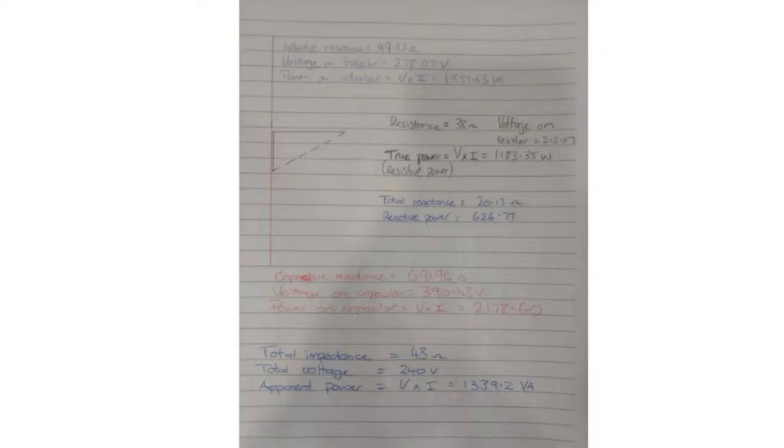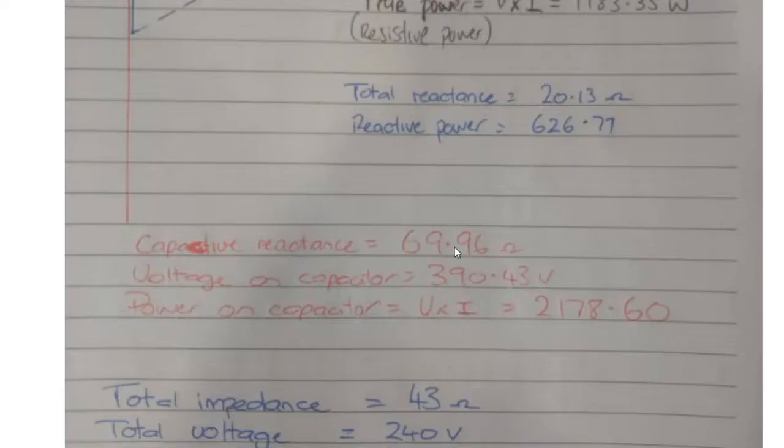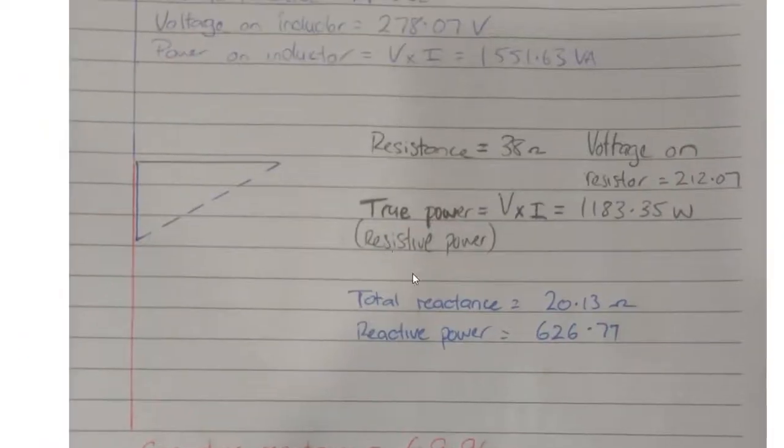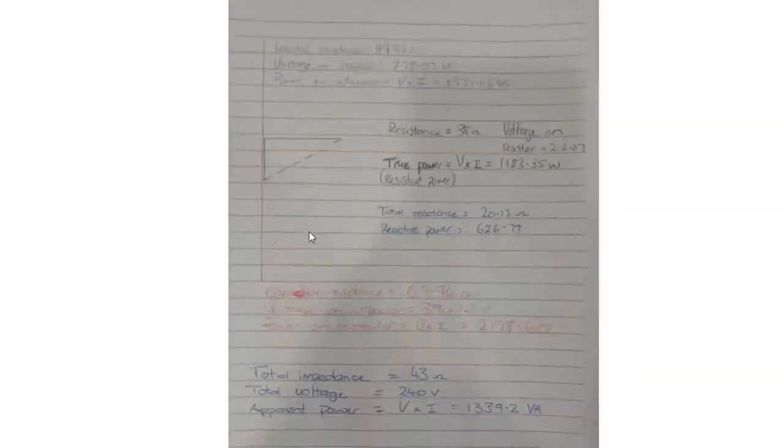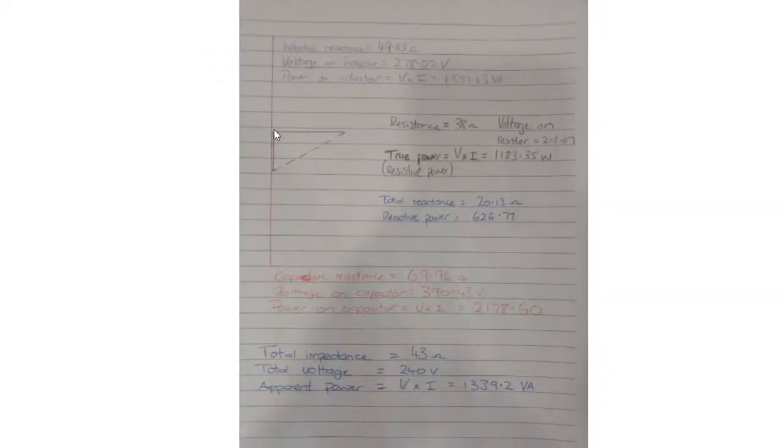So if I just zoom out, let's have a look here. I've drawn a triangle here for you. This is not necessary, it's not part of the requirement of the question. However, it's going to make our lives a little bit easier. So I've drawn vertically here my inductive reactance.